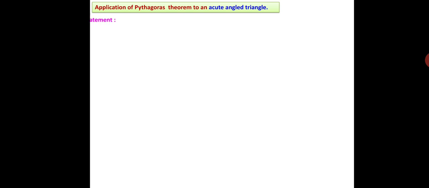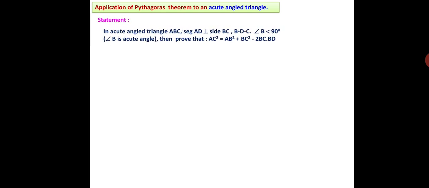The statement is like this: in acute angle triangle ABC, segment AD is perpendicular to side BC, BDC is the betweenness, angle B here shown with red color is less than 90, means it is an acute angle. Then we have to prove that AC square is equal to AB square plus BC square minus 2 BC into BD.